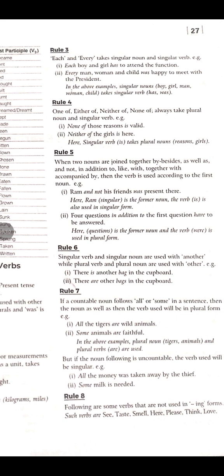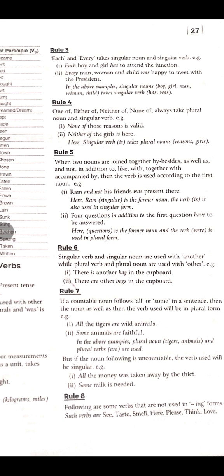Okay. So rule 5: when two nouns are joined together by besides, as well as, and not, in addition to, like, with, together with, accompanied by, then the verb is used according to the first noun. The Ram and not his friends was. We are using "was" here because of Ram, according to the first noun.